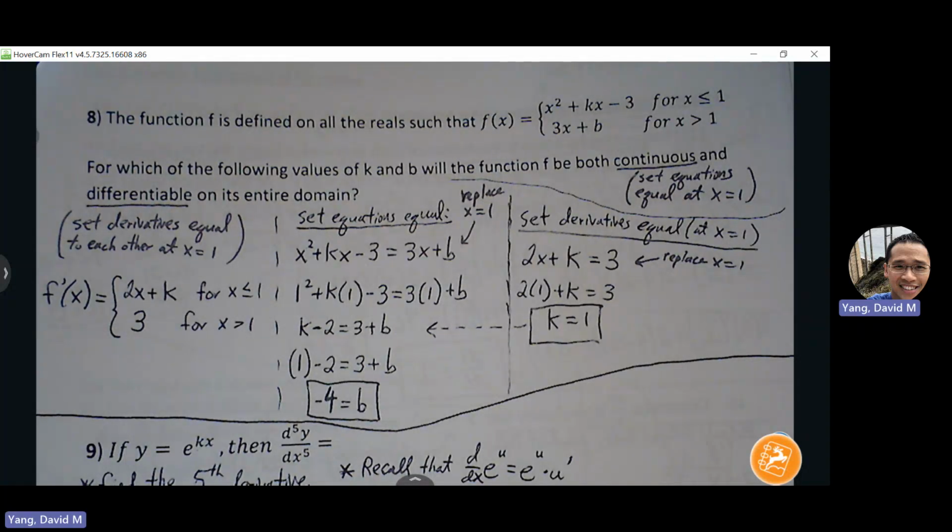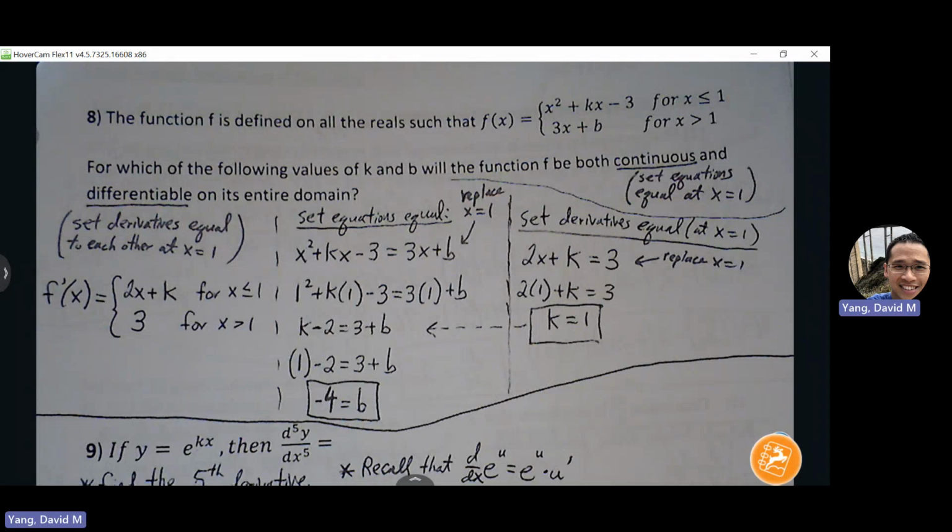For which of the following values of k and b will the function be both continuous and differentiable? Continuous means that these two equations must meet at 1 with the same y value. And differentiable means that not only do they meet with the same y value, they meet at 1 with the same slope.